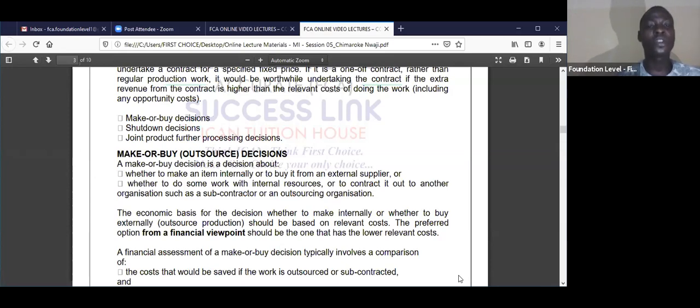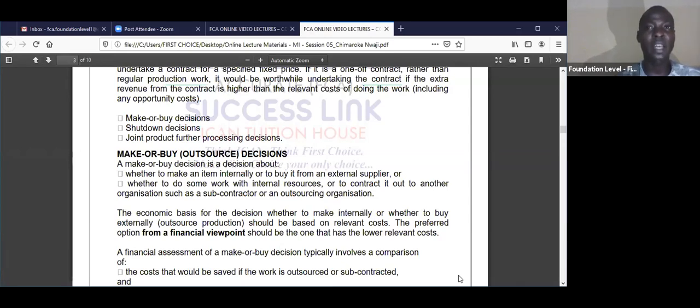So the economic basis for the decision whether you want to make or buy should be based on relevant costs. So from the financial point of view, anyone that gives you a lower relevant cost should be chosen.